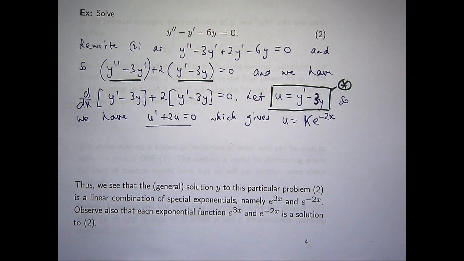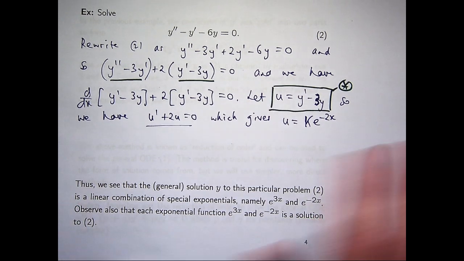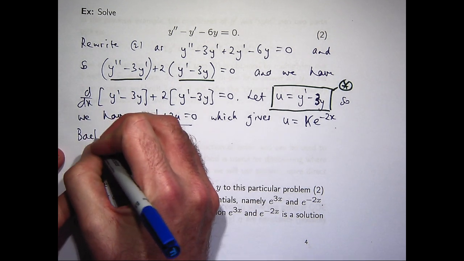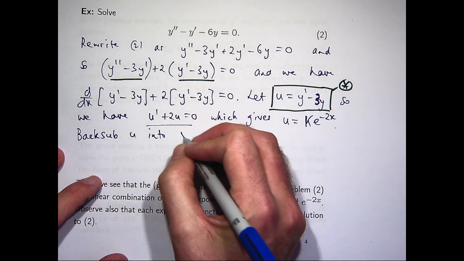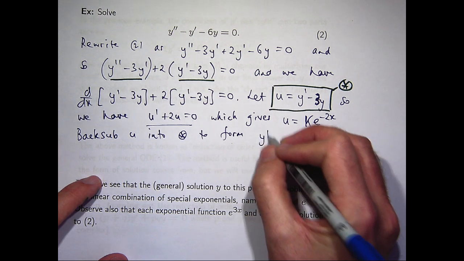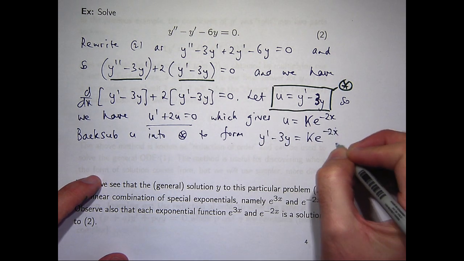If I sub that back in there, it's a first order linear problem, and I can find the integrating factor and solve. So back sub u into star to form, what are we going to get? We're going to get y prime minus 3y equals k e to the minus 2x.